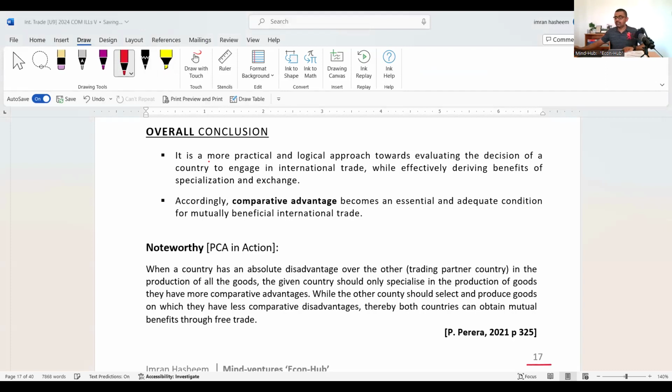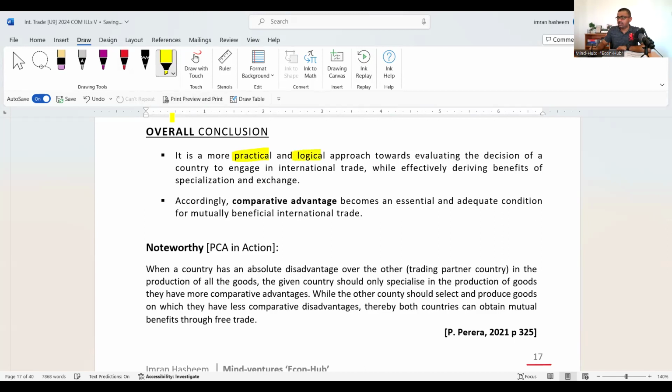Page 17. Now, this overall conclusion is connected with a country engaging in international trade based on comparative advantage. It says it is a more practical and logical approach towards evaluating the decision of a country.